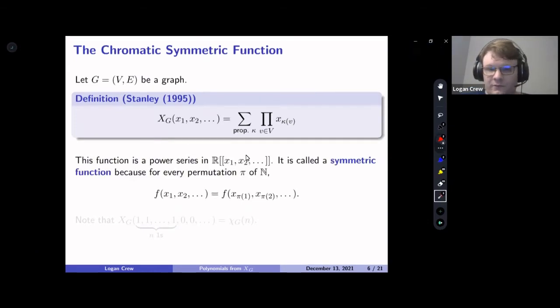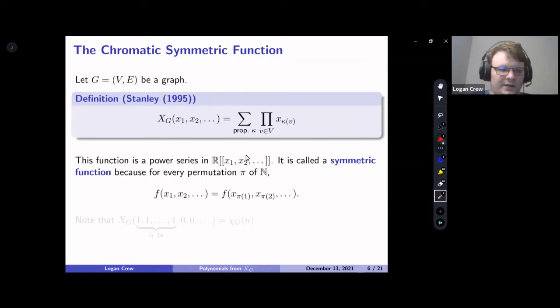So this function formally is a power series in these countably many variables over whatever coefficient ring we want to work over, as long as it's a field of characteristic 0. I'll use R here. And why symmetric? Well, it's symmetric because for a chromatic symmetric function defined in this way, if you take a proper coloring and you permute it, it's still a proper coloring.